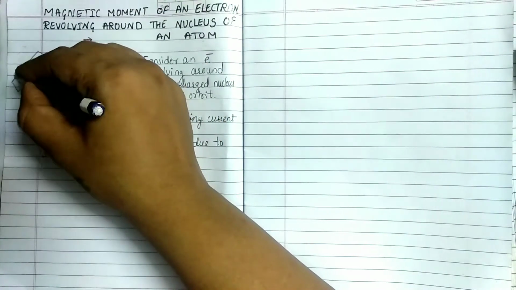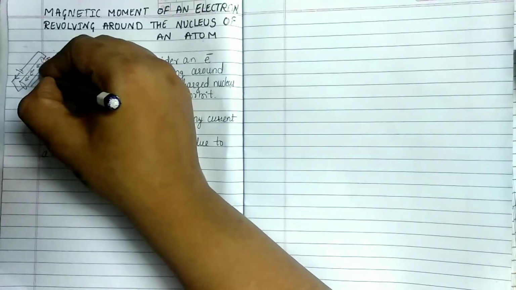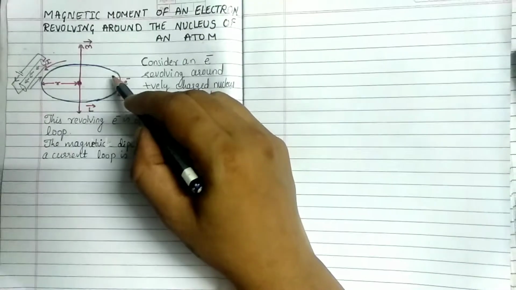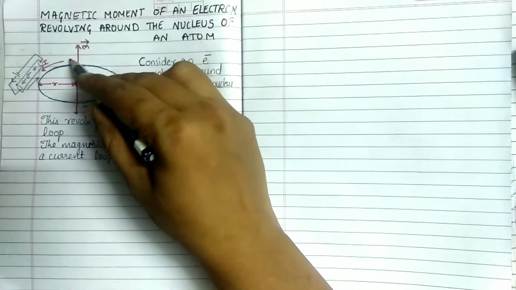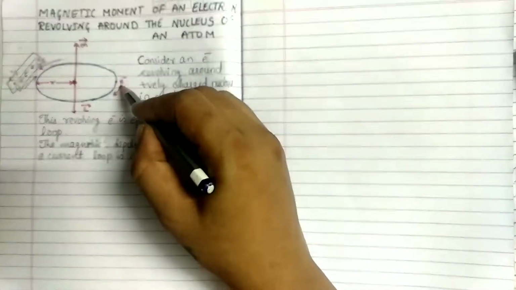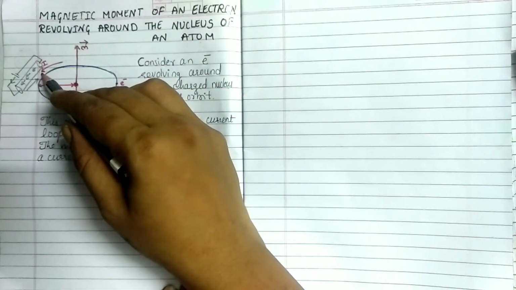What it means? The direction of current, which is called conventional current, is opposite to the direction of the moving electrons. When electrons move in this direction, exactly in the opposite direction the current is generated. Means the direction of motion of the electron is opposite to the direction of current.